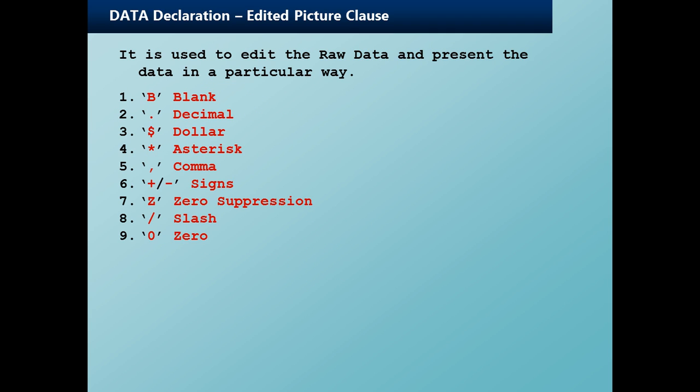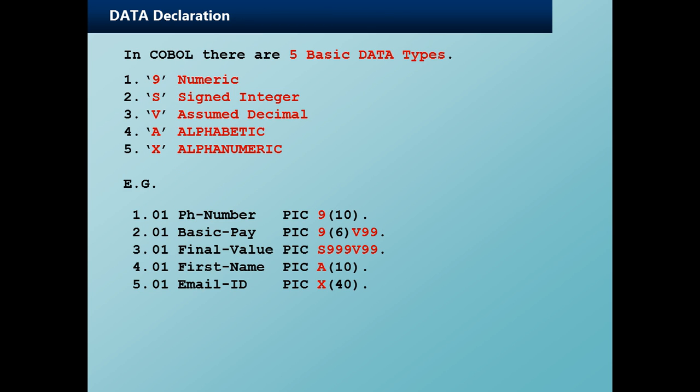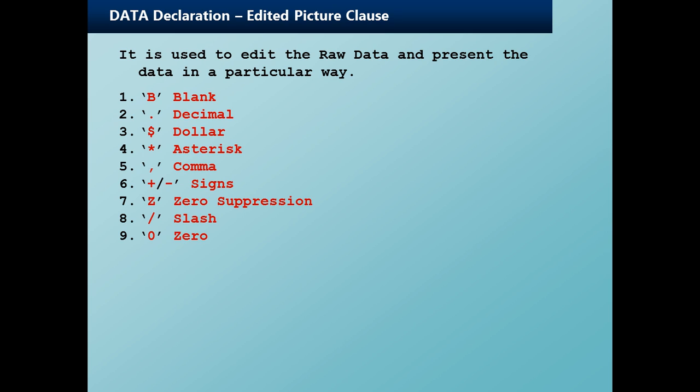For example, B. Suppose I have XB, then whatever you are going to move, that B will insert a blank there. For example, if I move 'cat' to another variable which is XB, then cat will be C space A space T, something like that.